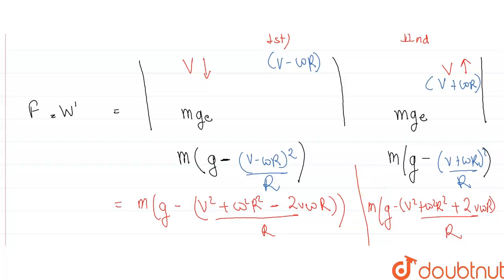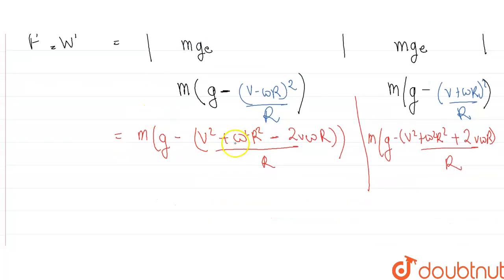Now when we separate all of the terms, v square by r, where r is the radius of earth, we can obviously neglect this value. Here one r gets cancelled, and this r completely gets cancelled out. Similarly, v square can be neglected.